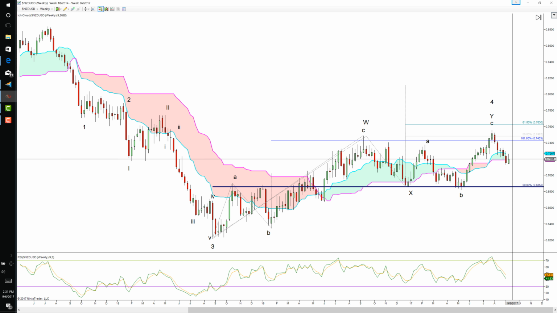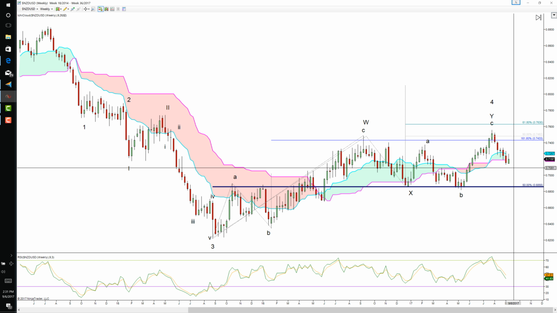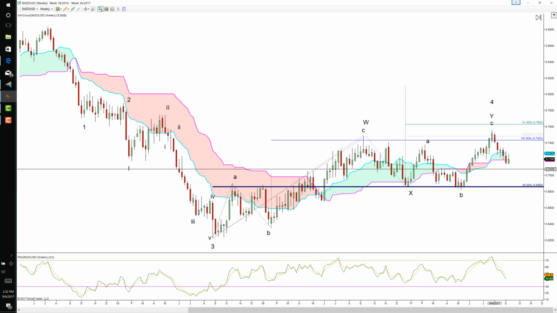So if this is wave 4 currently, we have one more wave down, which will probably find some support somewhere around the 70.82 area. This is where this particular line is at. So you'll find some support, and it's possible that can be the end of wave 1.